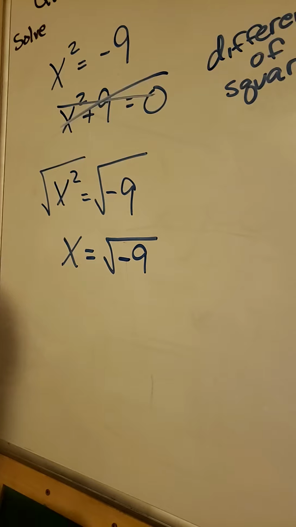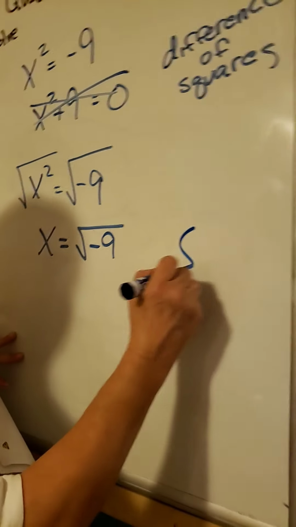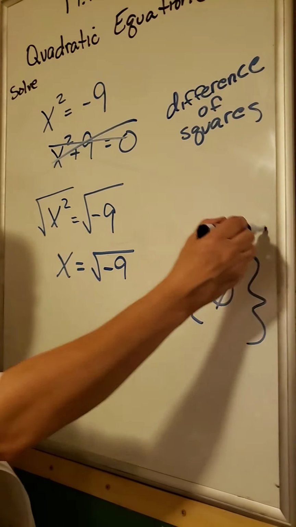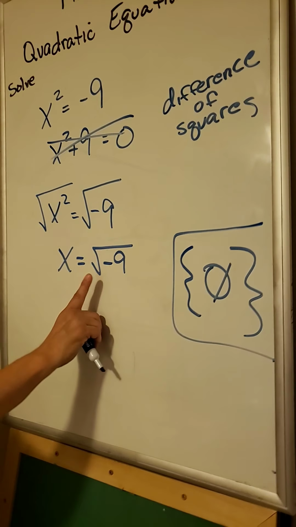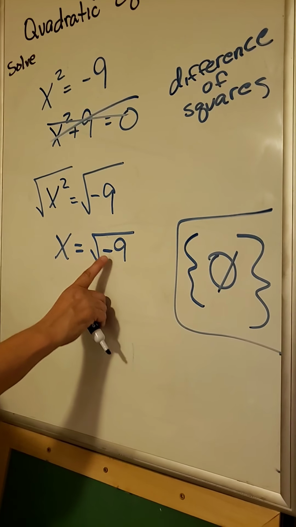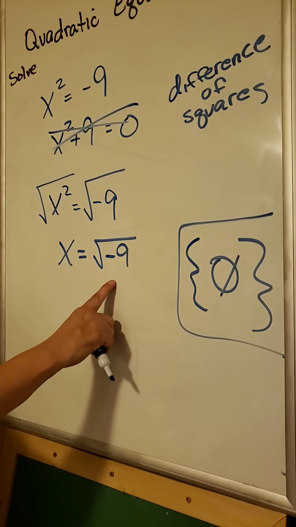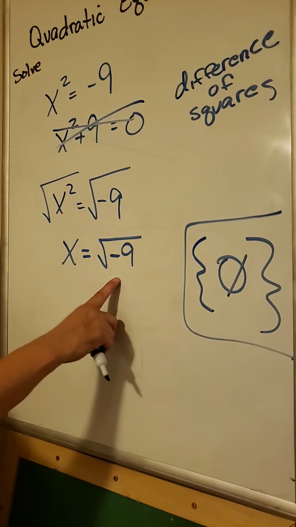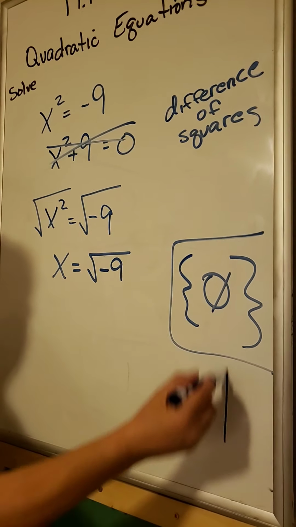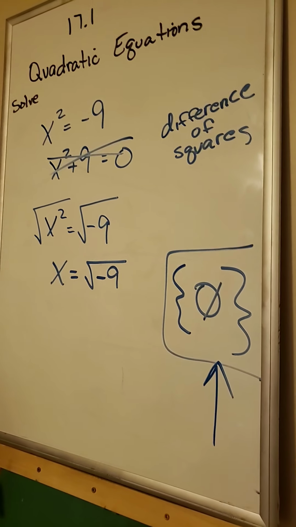So you can just write not a real number. Your solution set, you can just go like that. But in real life, when you look at this, I told you you can't take the square root of a negative number. Well, when you're talking about the square root of a negative number, you're talking about imaginary numbers, which you go into in your next math class. For this math class, this is your final answer for the test.